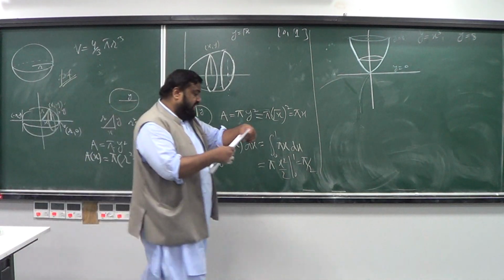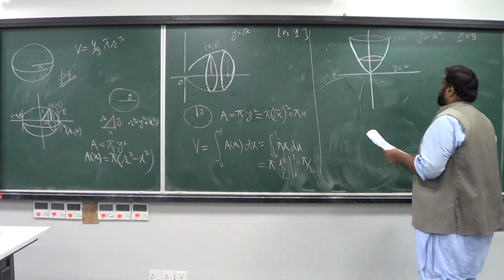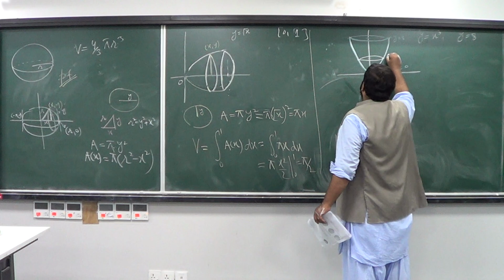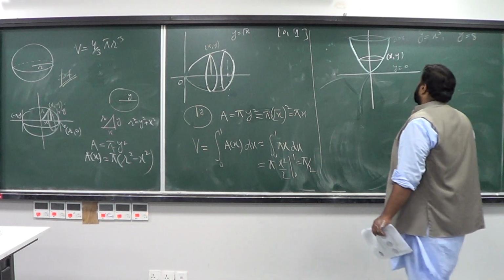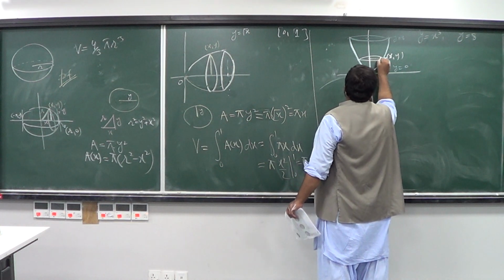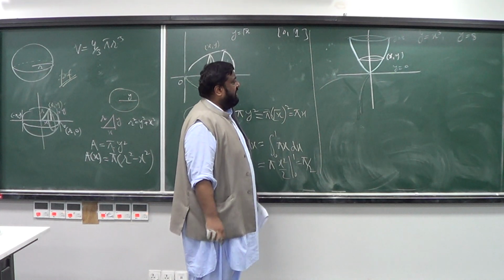And what are the coordinates of, for example, this disc? So imagine if I call this point xy, okay? So this means that this distance is y and this distance is x actually. Okay? This distance is x.